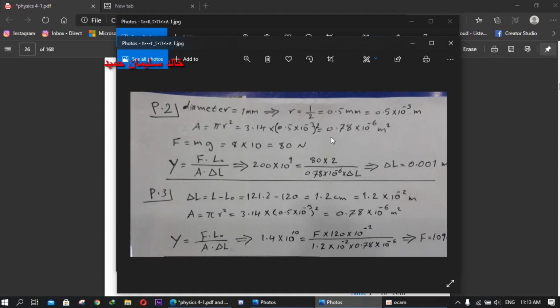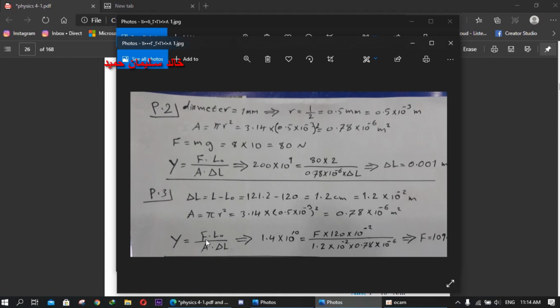The same cross section of the last problem. Now we can apply Young's equation. Young's modulus is equal to force times original length over the cross-sectional area multiplied by the elongation delta L.